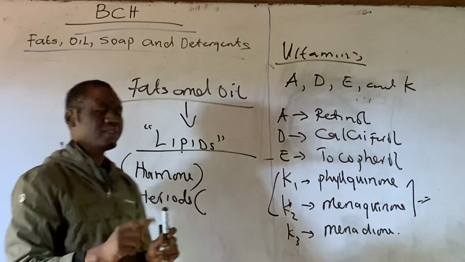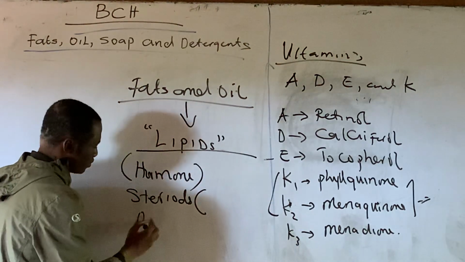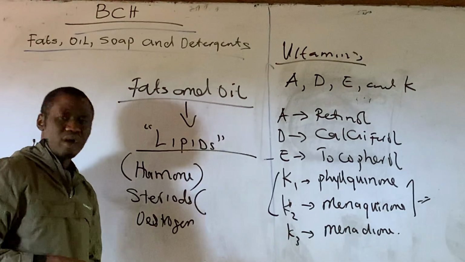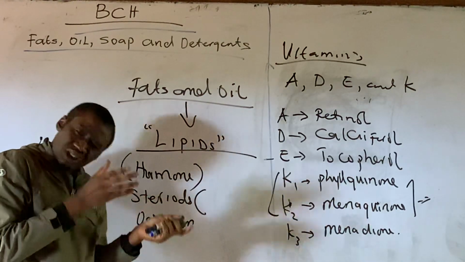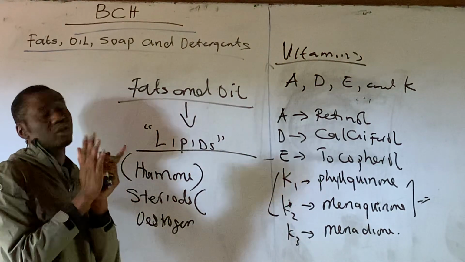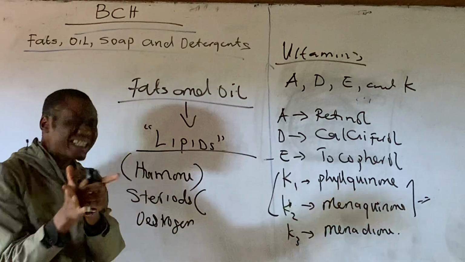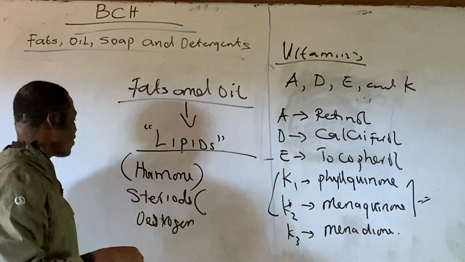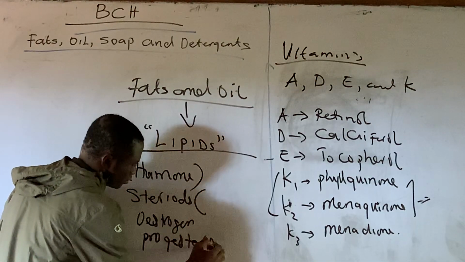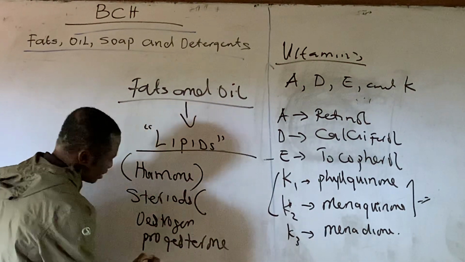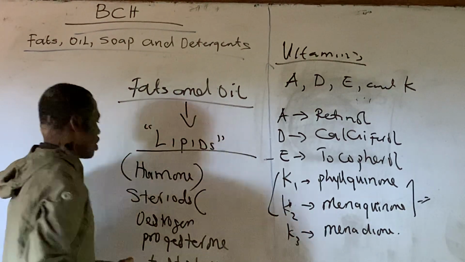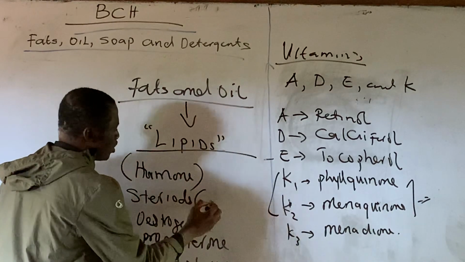Now, estrogen is an example of steroid because it's part of an insoluble hormone, a hormone that is not soluble in water, or a fat-soluble hormone. So we have another one, progesterone. We have another one like testosterone. Okay? And we have the most common one, which is cholesterol.